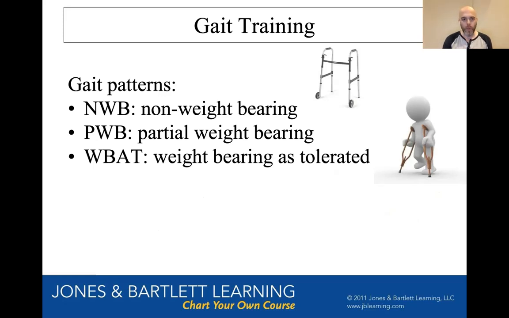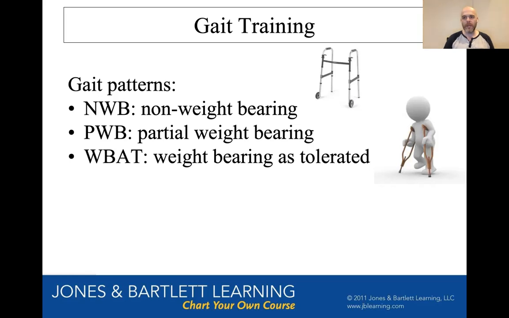Partial weight bearing doesn't really tell you a lot. That just means that I can't bear all my weight on one of my extremities. So maybe your doctor might give you what's called toe touch weight bearing, which means you can walk with your walker or your crutches, but on your bad leg, or your surgical leg, you can only place your toes on the floor for balance, but no weight through it.